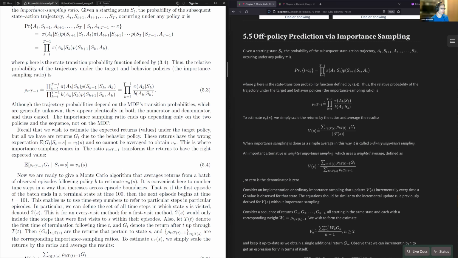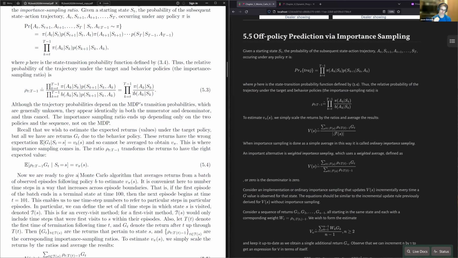So if you observe a trajectory which happens to match the target policy, but it's very unlikely under the behavior policy, then this will be a very large number, because that trajectory is representative of what we want, but we wouldn't expect to see it very often. Let's say it's 100 times less likely to occur. Then whenever we observe it, we should weight it 100 times higher.